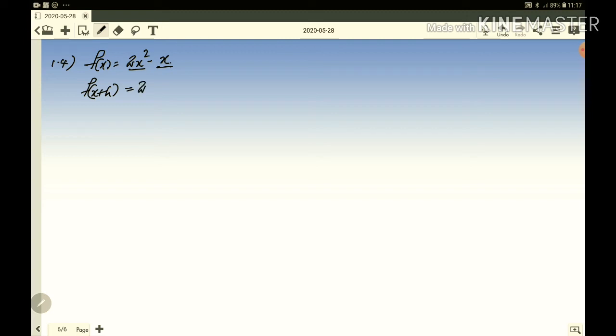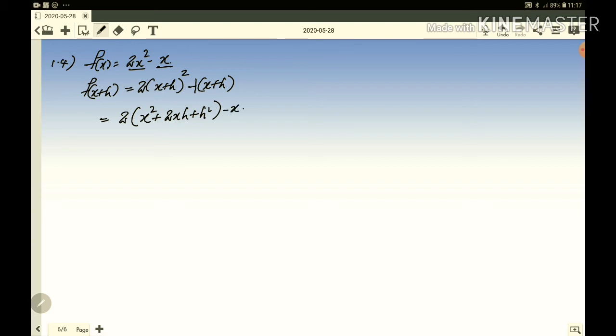That is 2 bracket x plus h whole square, minus this x also becomes x plus h in a bracket. Don't forget to put the bracket. So it's going to be 2 outside the bracket. I'm opening this binomial with the power 2, it is going to be x square plus 2xh plus h square. Then the second bracket I'm opening with the minus outside.